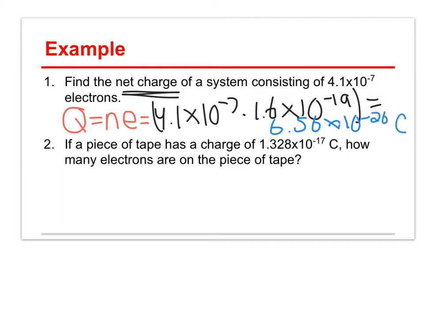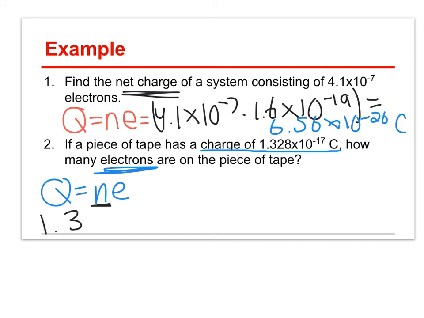26 coulomb. All right, a piece of tape has a charge of 1.3 times 10 to the negative 17th coulombs. How many electrons are on the piece of tape? In my equation, I am looking for the number that's right here.